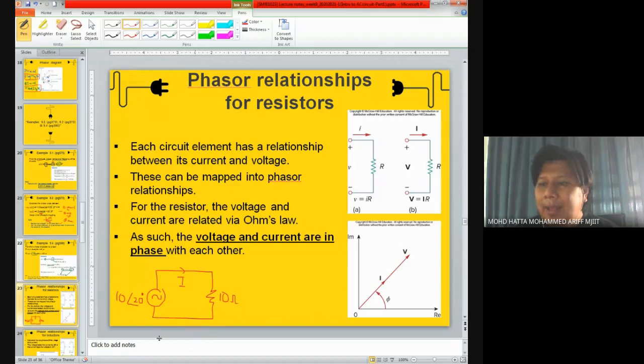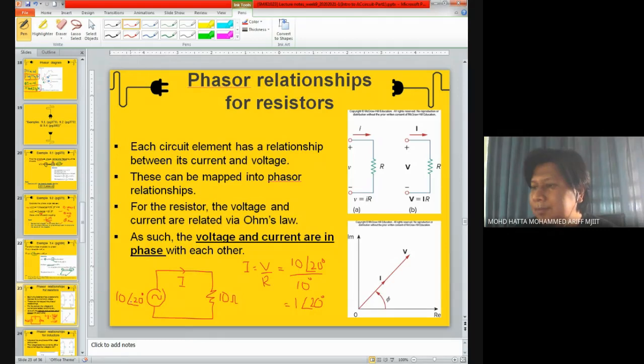I can straightforwardly apply Ohm's law to calculate the current, where the current is given by V divided by the resistance R. If you do the math, put the voltage value at the numerator and divide it by the resistor value, you will find that the current has a magnitude of 1, and the angle is the same as the angle of the voltage.